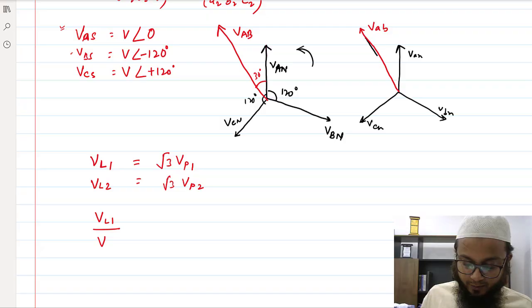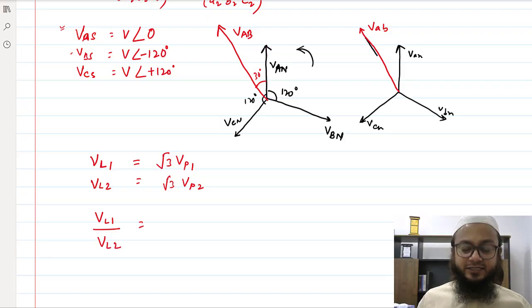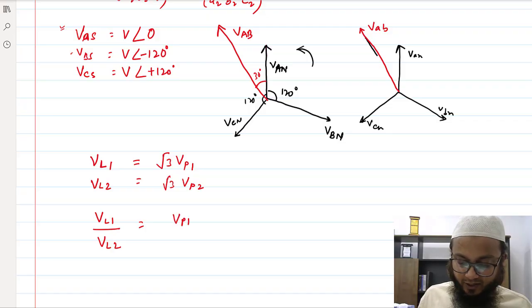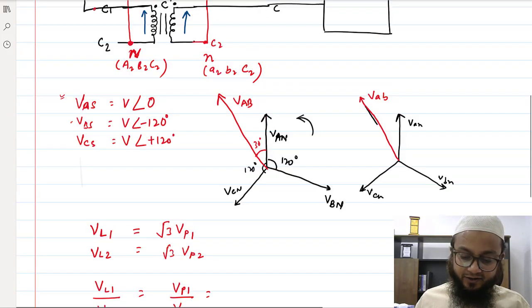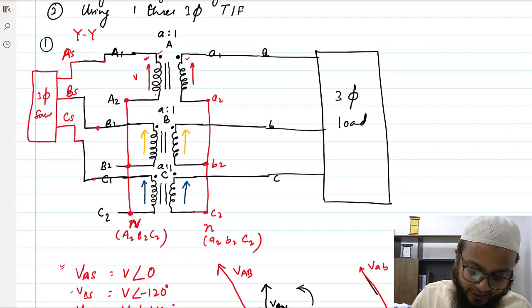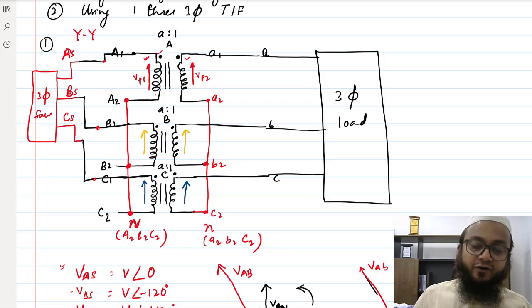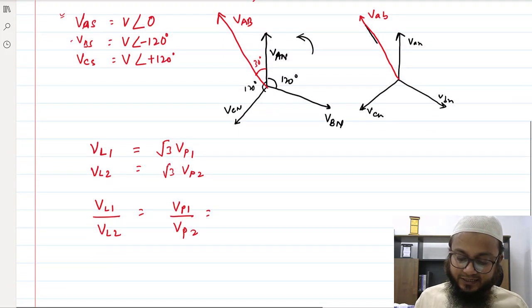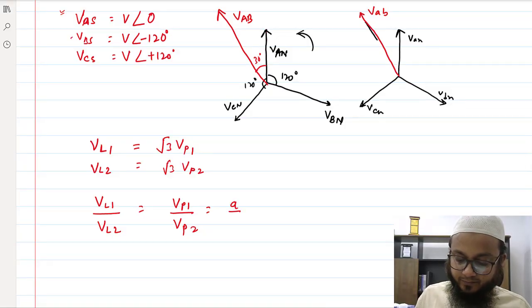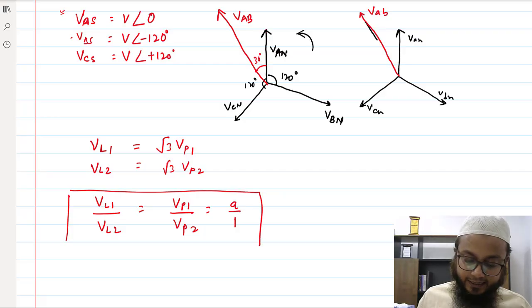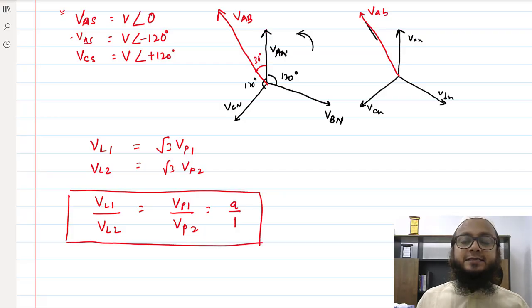So what is this transformation ratio? VL1 upon VL2. The line voltage transformation ratio, if you see, would be VP1 upon VP2. And already we know that VP1 for phase A and VP2 for the secondary phase, so obviously this would be A by 1. So the transformation ratio in a star connected circuit remains same.